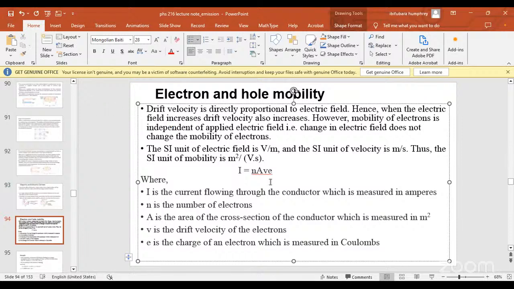You can give it an acronym: I is NEVA. N for number of electrons, E for electron charge, which is a constant value, 1.6 times 10 raised to minus 19 coulomb, V for the drift velocity, and A for cross-sectional area of the material.